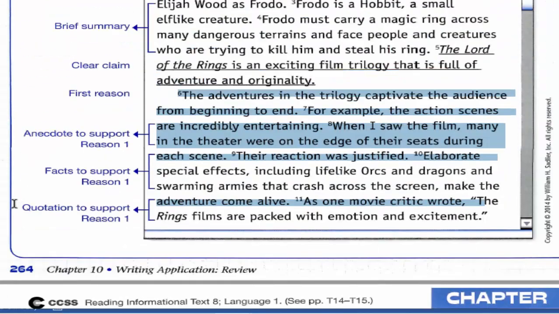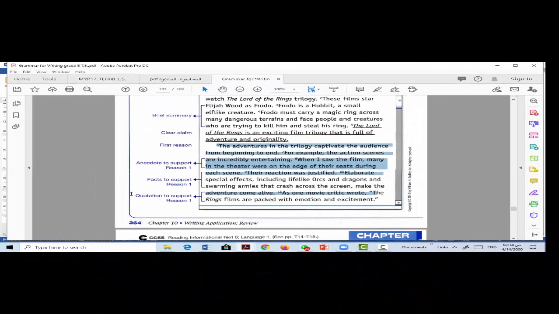And here we come to the end of today's lesson. Let's recap. In today's lesson, we talked about writing a review. You should have three parts in your review: introduction, body, and conclusion. In the introduction, you must have a summary and opinion supported by at least two reasons. No details in the thesis statement.